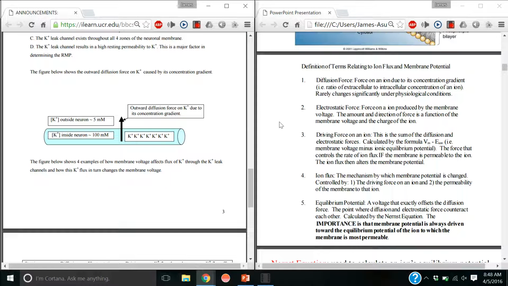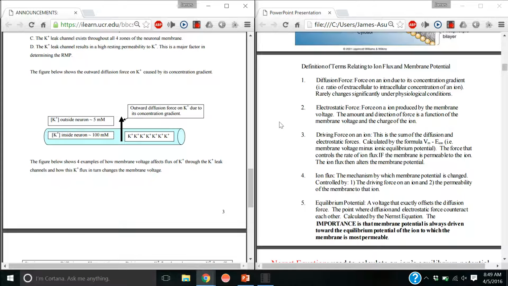So here we have the neuron, representing this blue cylinder here. And the physiological concentration of potassium, this is mammalian, some textbooks will give different concentrations of the ions, particularly with invertebrates.